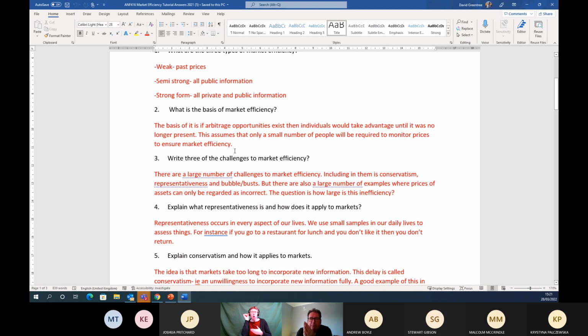And the basis for market efficiency is that these arbitrage opportunities exist. And if you remember from financial markets last year, you looked at arbitrage and you probably looked at the work of George Soros and how he made money in a short position when the UK pulled out of the exchange rate mechanism in 1992.